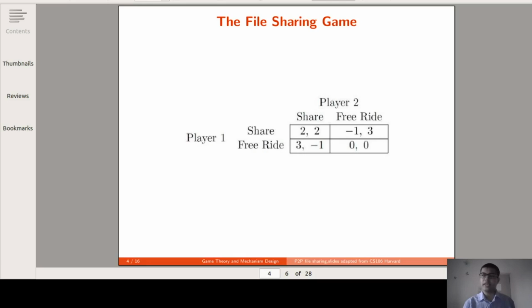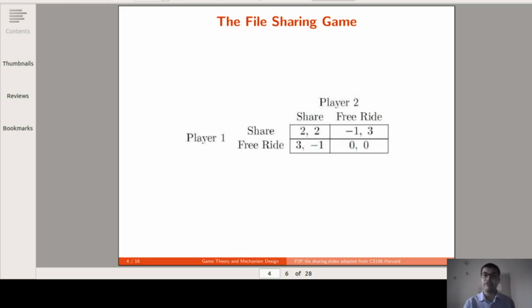Now, you can see that when both individuals are sharing, of course they get some amount of payoff, and this is going to be symmetric. But if one individual shares and the other free rides, then the player who is sharing gets a lower payoff because it is uploading, so its own bandwidth is being eaten up, but it is not getting in return the desired file it wanted.